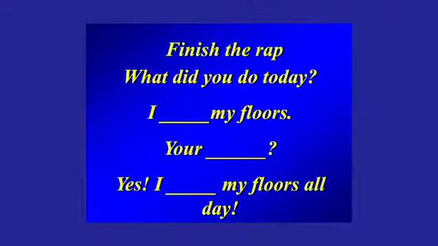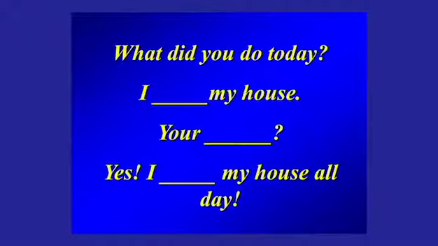Take a second to finish copying. Ready to go on? Second part. What did you do today? I, my house, your? Yes, I, my house, all day. A second to copy.